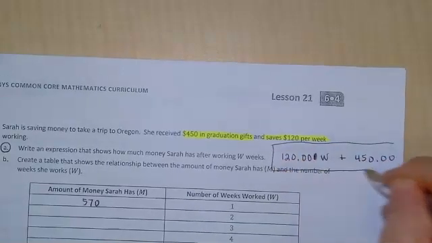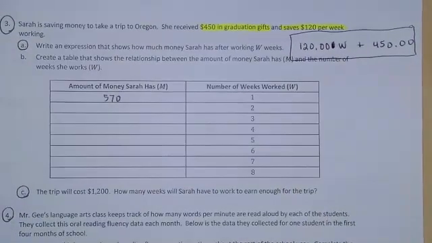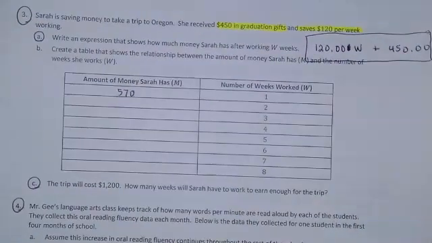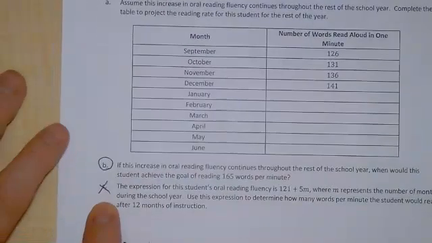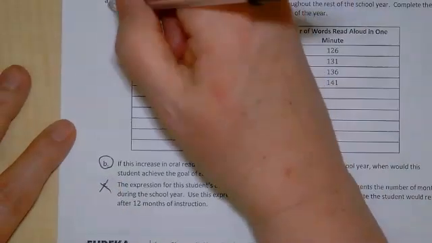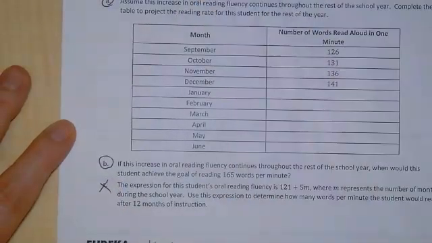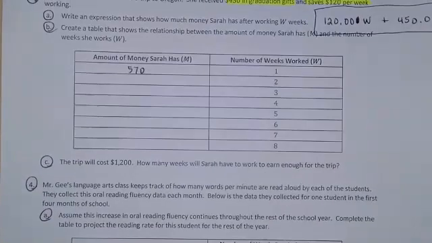So there's your expression you're going to use. And down at the bottom, can you cross off C? You're not doing C. Circle B. Okay, that's it. And just turn that in before you leave.